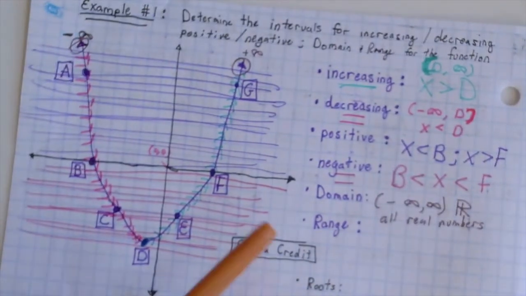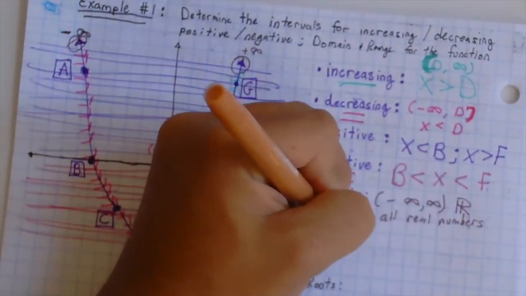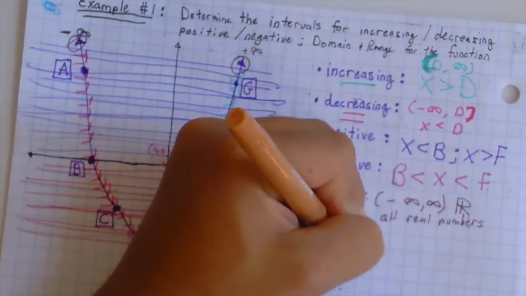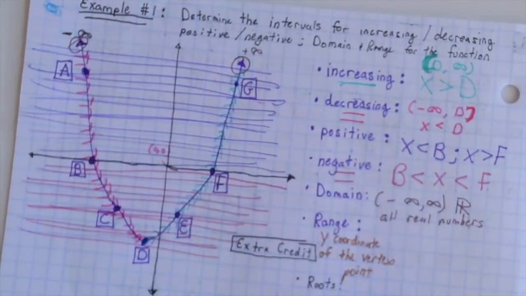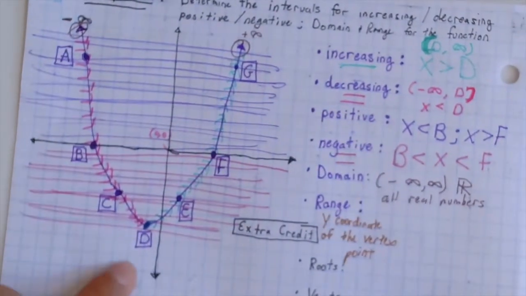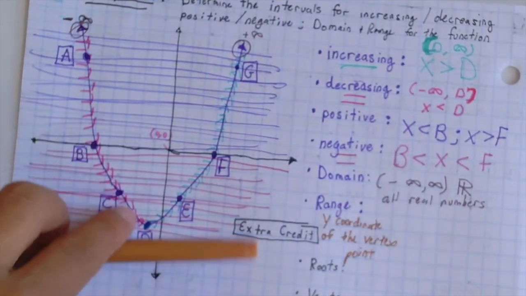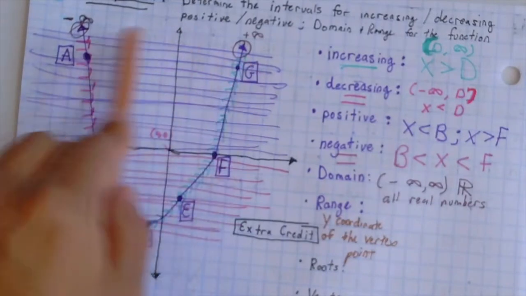When we are identifying the range, we always look at the y coordinate of the vertex point. Okay? In this case, we're just going to leave it as D. And we have to ask ourselves, from going down to up, when does it end? Because it starts at D, right? And again, the arrows are the indication.